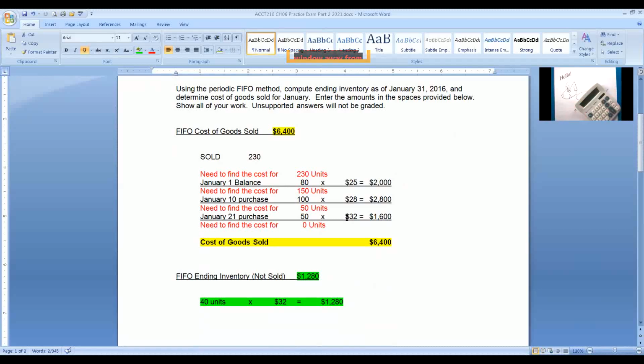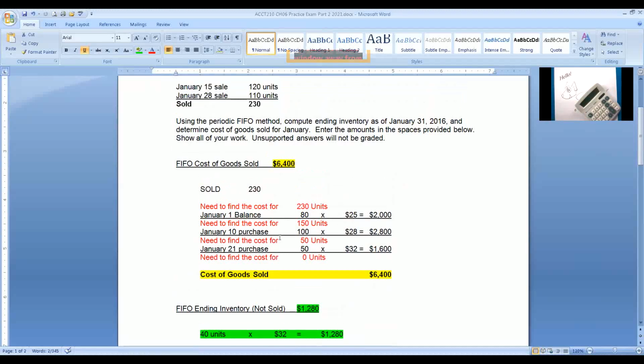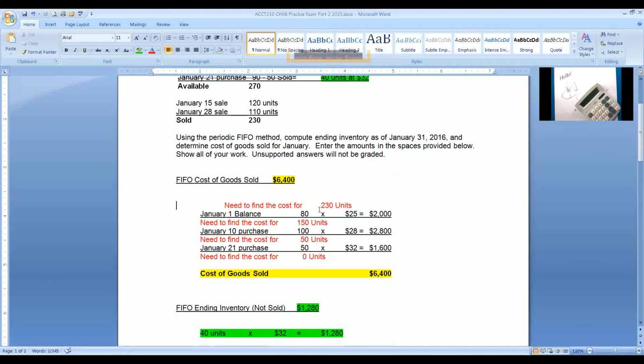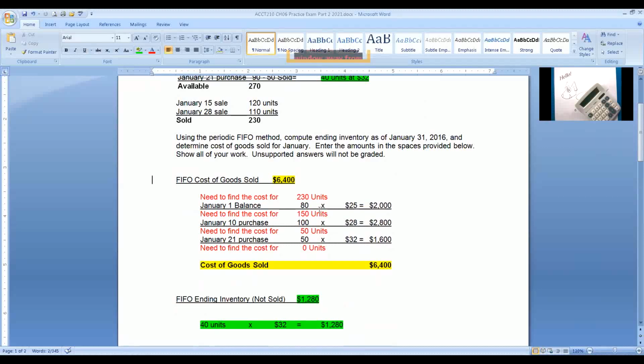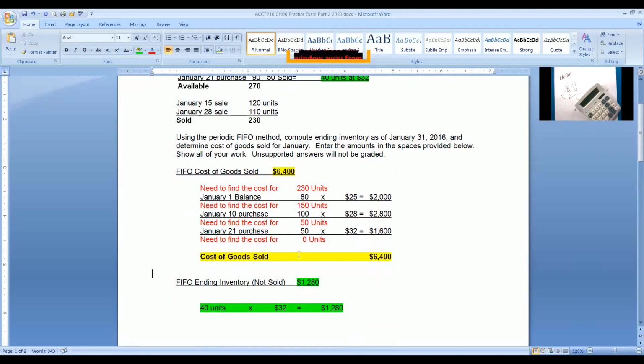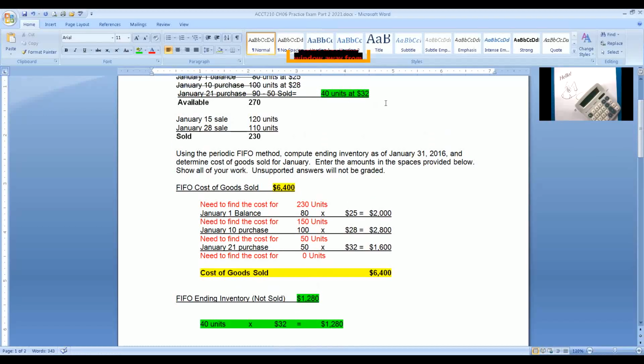Yeah, that's it. Yeah, so these are all on the same screen. Conserve a little space here. So yeah, these are the ones that were sold, and these were not sold. Hey, what happened?